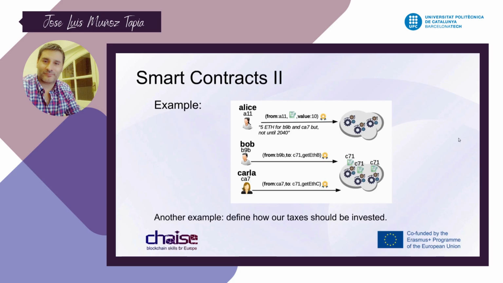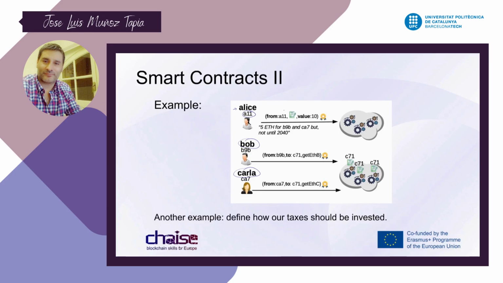Let's see this scenario. In this scenario, I have Alice, which is the account A11, and Bob and Carla. What we want to build here is an application with a smart contract in which Alice is going to deploy a smart contract in the blockchain.